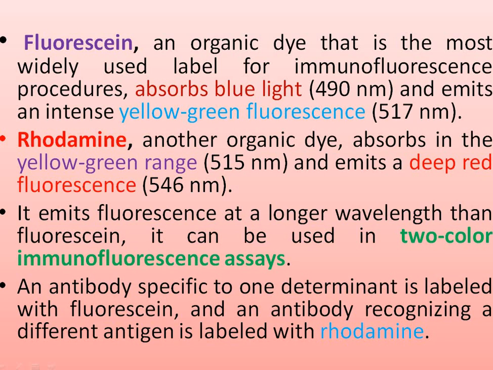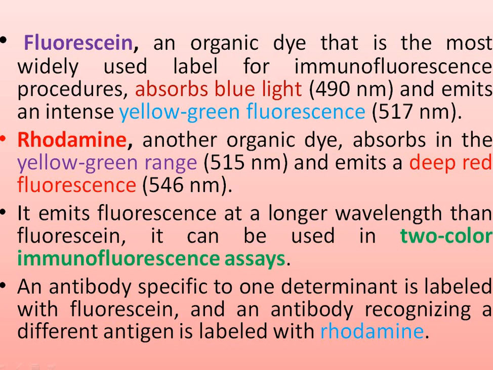Fluorescein, an organic dye that is the most widely used label for immunofluorescence procedures, absorbs blue light at approximately 490 nanometers and emits an intense yellow-green fluorescence at nearly 517 nanometers.